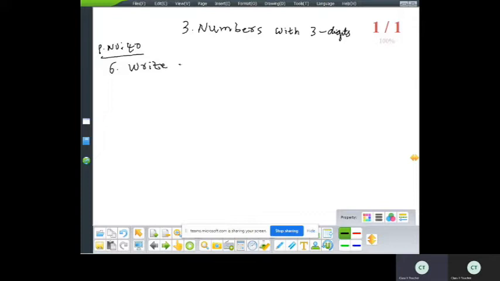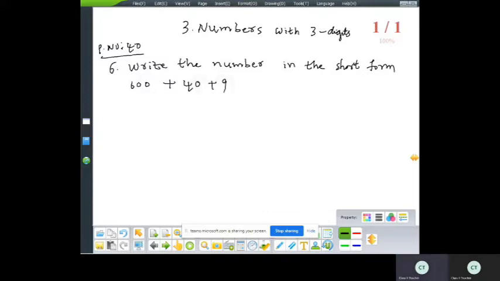See the example given on page number 40, that is 600 plus 40 plus 9.